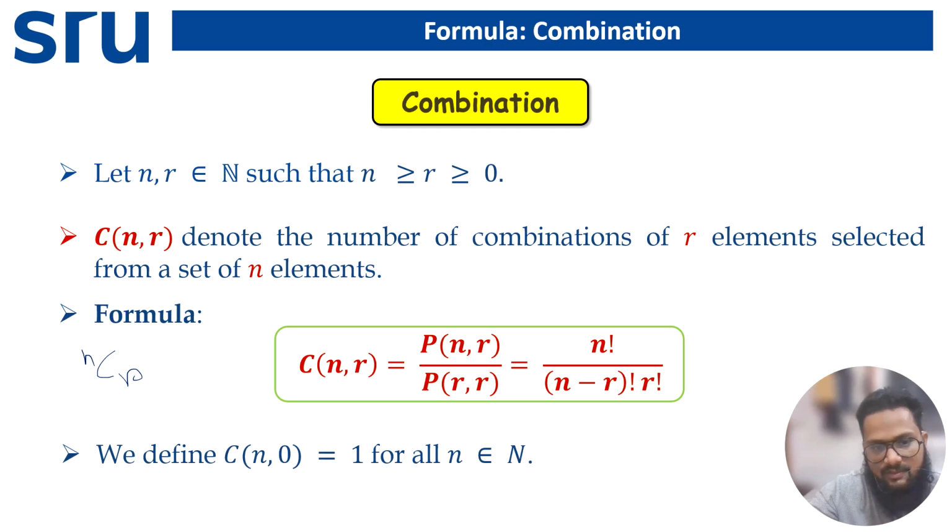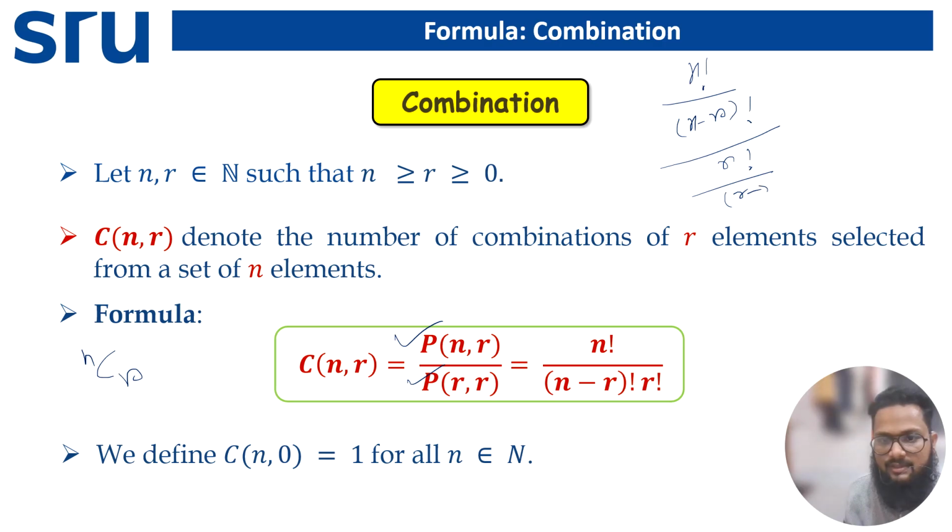The combination formula actually involves permutation. nPr is n factorial divided by (n minus r) factorial, and for rPr it is r factorial divided by (r minus r) factorial. r minus r is 0 factorial, which is 1, so it becomes n factorial divided by r factorial into (n minus r) factorial. So using permutation only, the combinations formula can be derived.